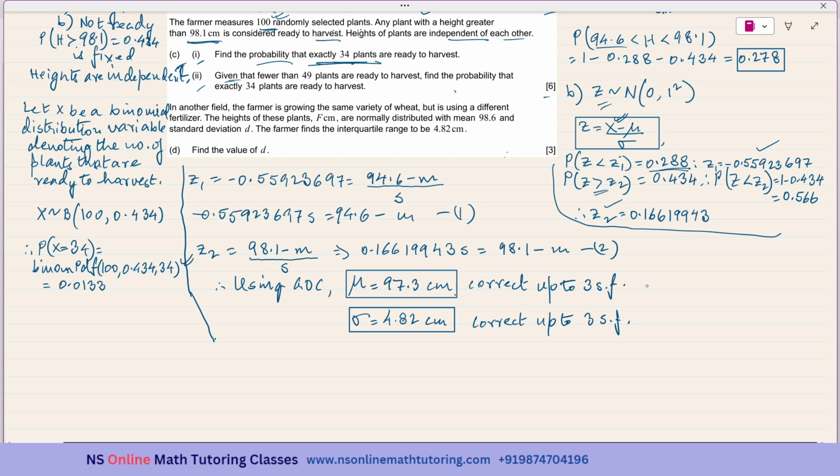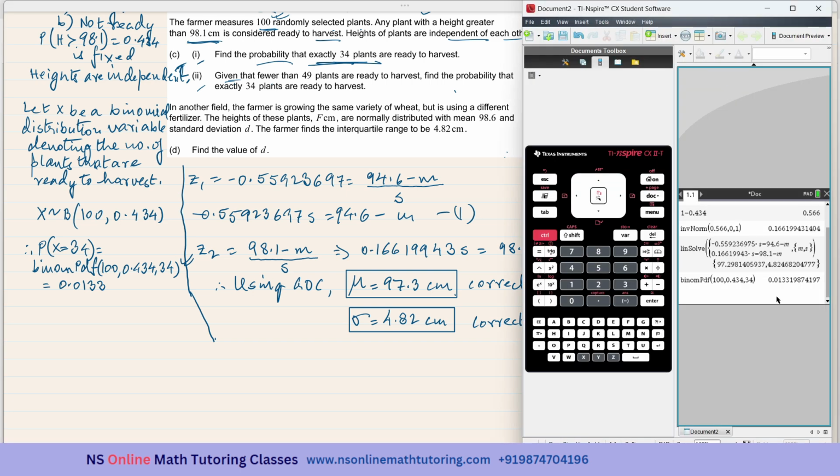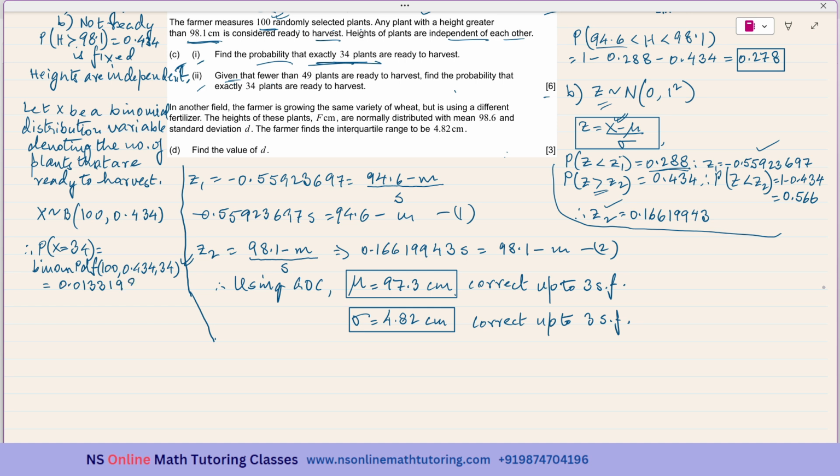Let me take some more digits because I'm not sure whether this will be needed in the next subpart. 133 and 1987. So equal to 0.0133. This is the answer for this subpart.